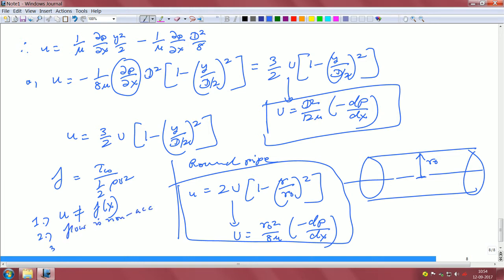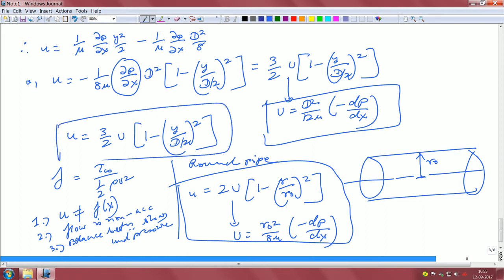It is a balance between shear and pressure, got it, okay. And there is an exact solution that exists, which is given by this. That would be your fourth point, right. There is an exact solution, that means in the fully developed regime.